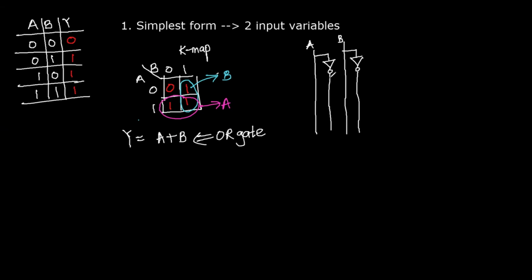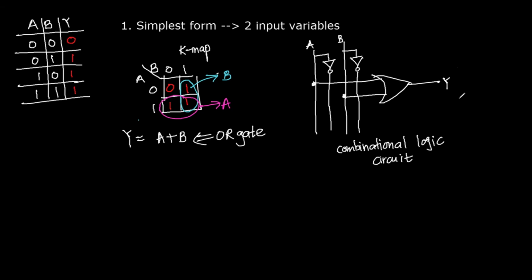So you have A coming off, which is right over this point, and you have B, which is right over this point, and both of them go into an OR gate. This is going to be your output Y. So this is your combinational logic circuit.